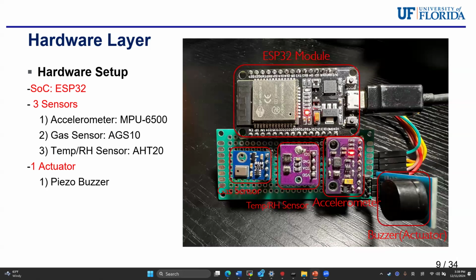And we have a buzzer playing the role of an actuator for indicating that an emergency happened. We are using the MPU6500 as our accelerometer and AGS10 for our gas sensor. And we are using AHT20 for temperature and humidity sensing.